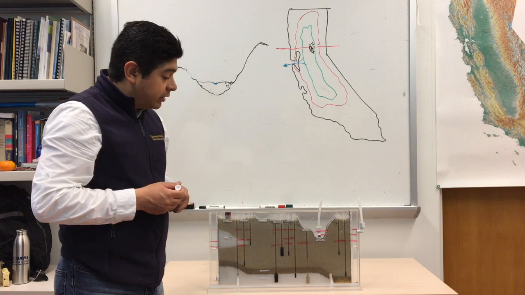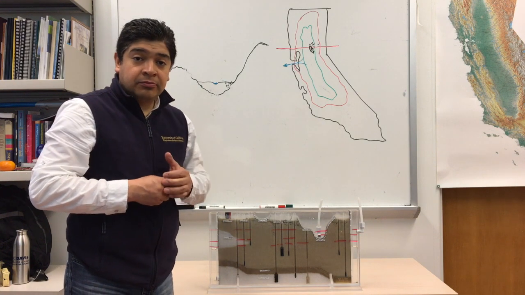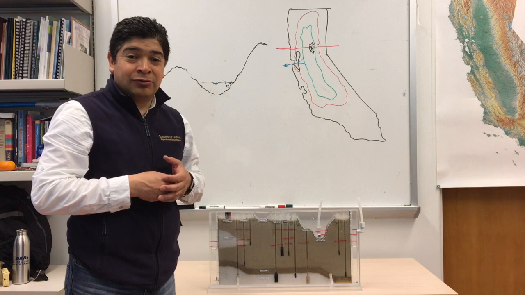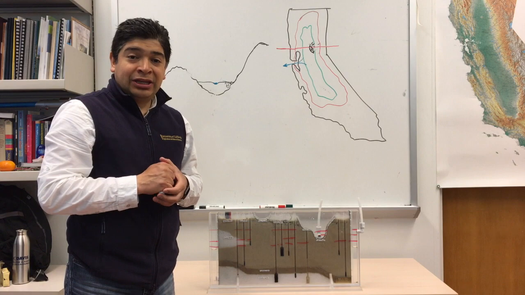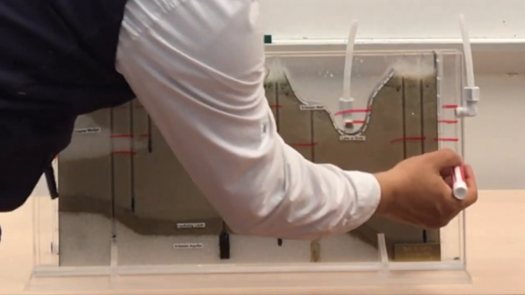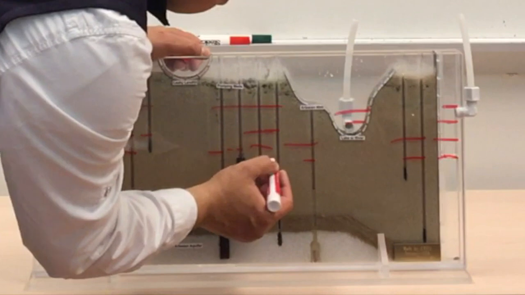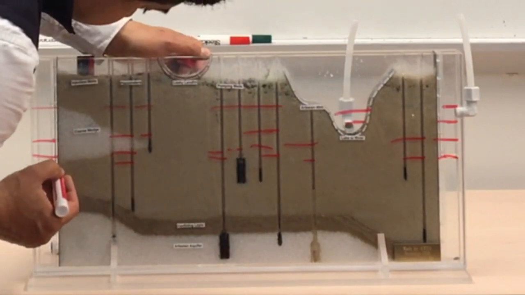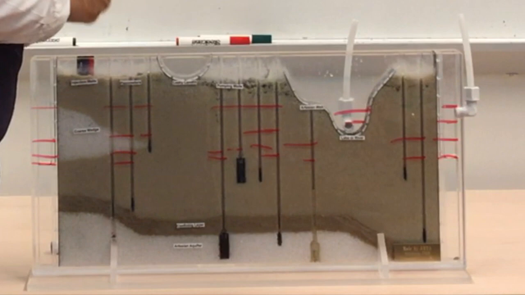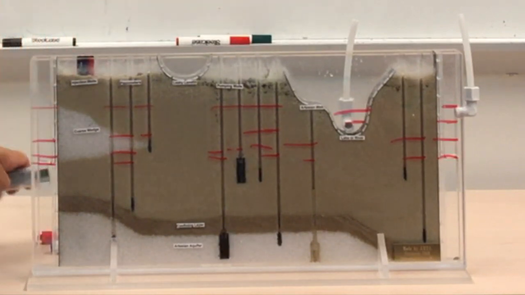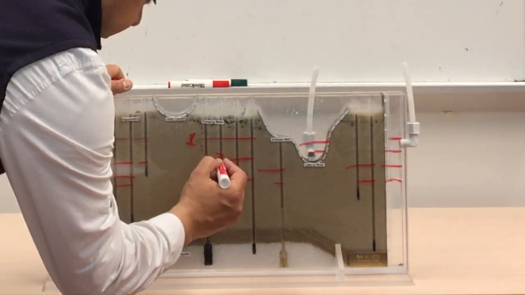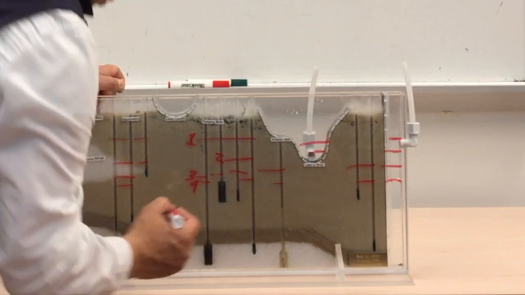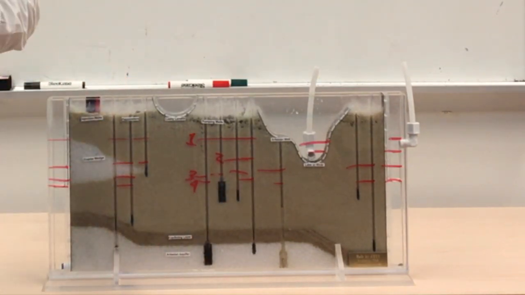Again, I'm just going to mark our water table. When a well runs dry, one of the main ideas will be to dig a deeper well. I just want to mention that this is the water level when we start, and as we continue extracting water, this is how low the water table has fallen.